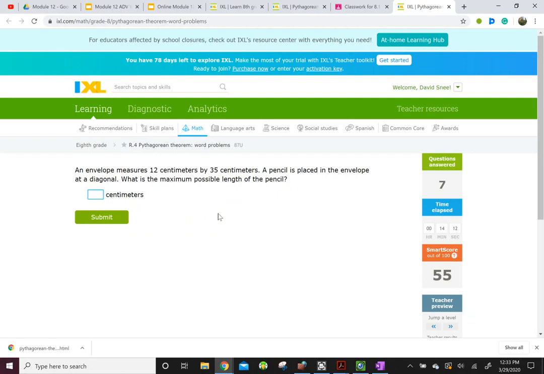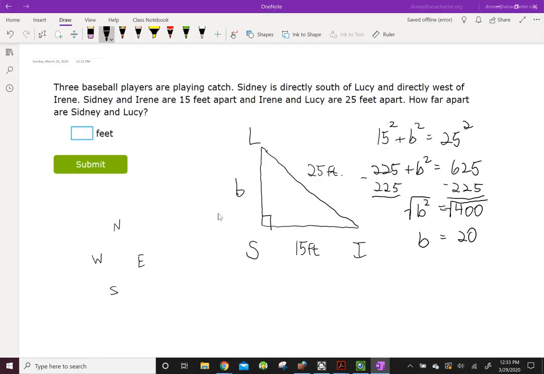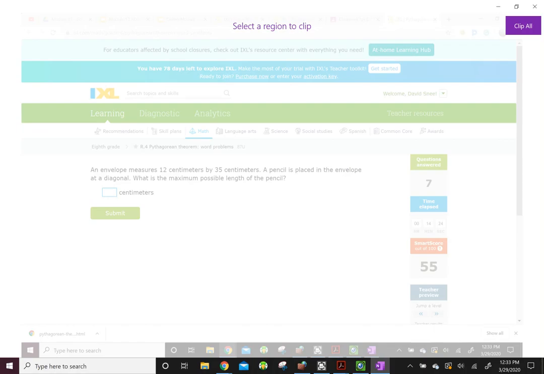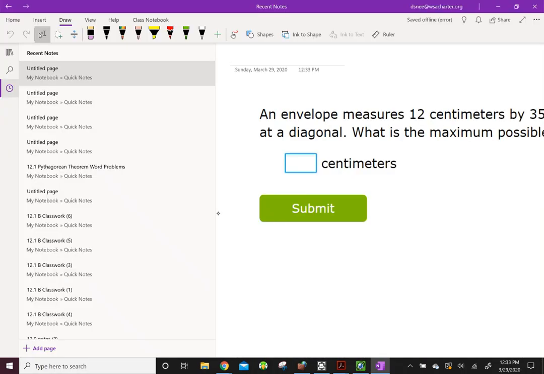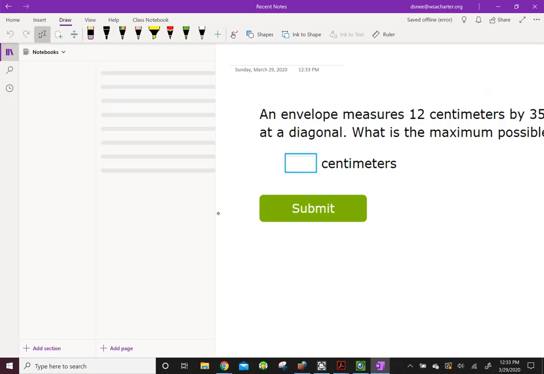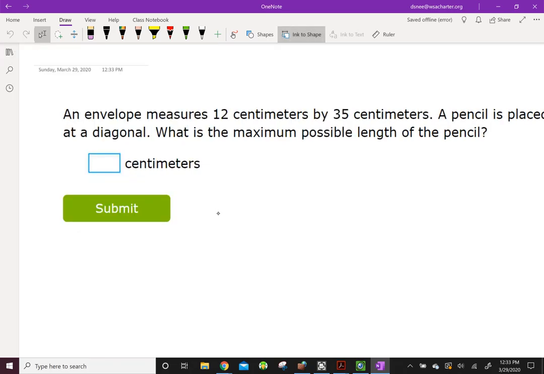Now an envelope measuring 12 by 35. A pencil is placed in the envelope at a diagonal. What is the maximum possible length of the pencil? Just going to kind of screenshot this again, do the same thing. I'm going to make a drawing. Okay, I'm going to try, let's see if I can do ink to shape.